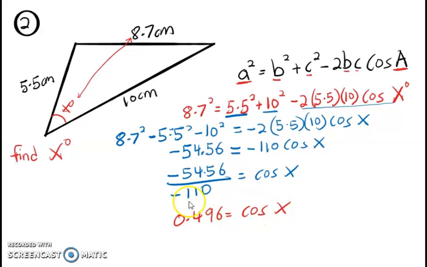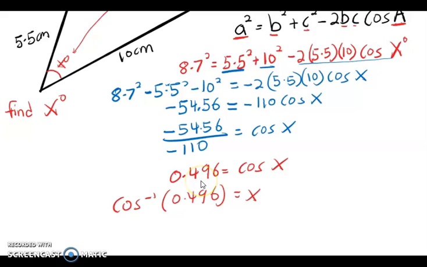The cos will move to the opposite side and become inverse, and your x answer will be 60.26. This is the angle for our x.